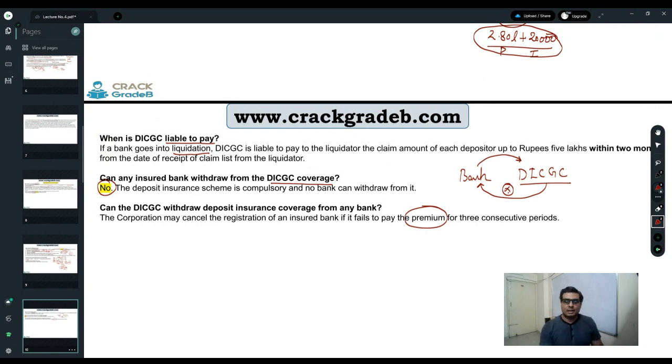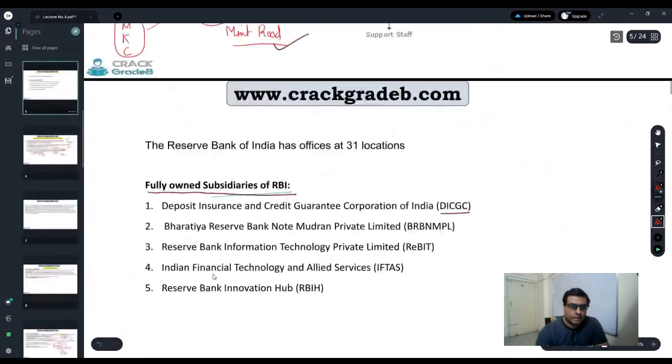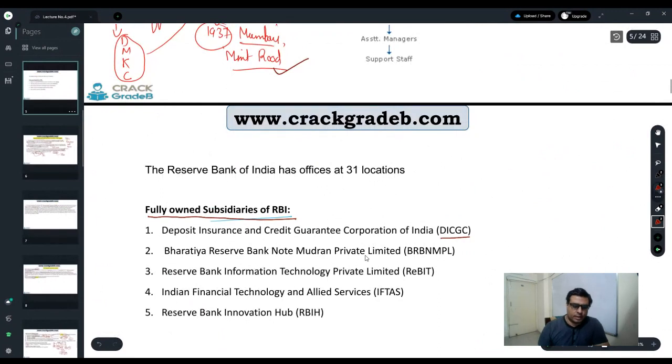Yes, it is possible, DICGC can withdraw the cover. But is the bank capable of doing this? No, the bank does not have this option. The bank must be under the cover, right? So this is all about DICGC, one of the most important organizations under complete control of the Reserve Bank of India, right?